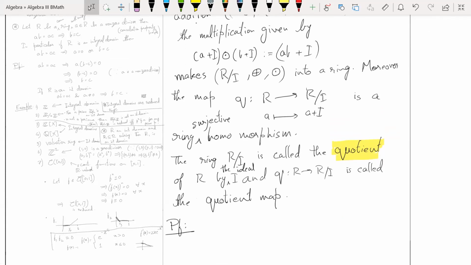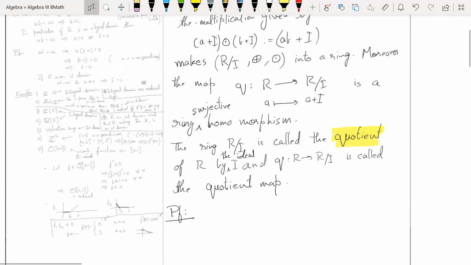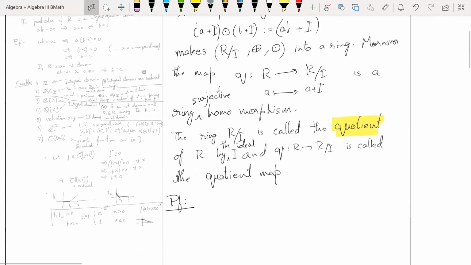We'll check some of the details, and then we will also check that Q is a surjective ring homomorphism. But some things I'll leave as an exercise. So let's first check that this is well defined. This is similar to the addition case.